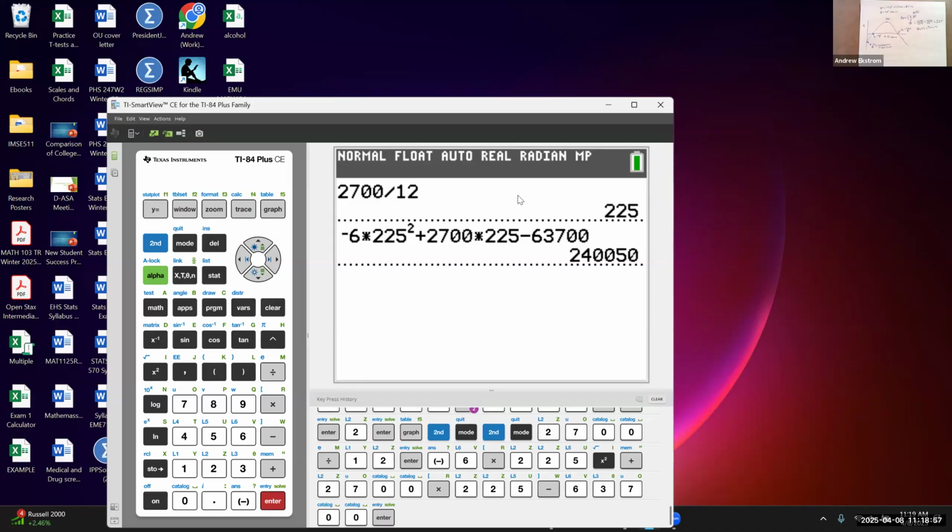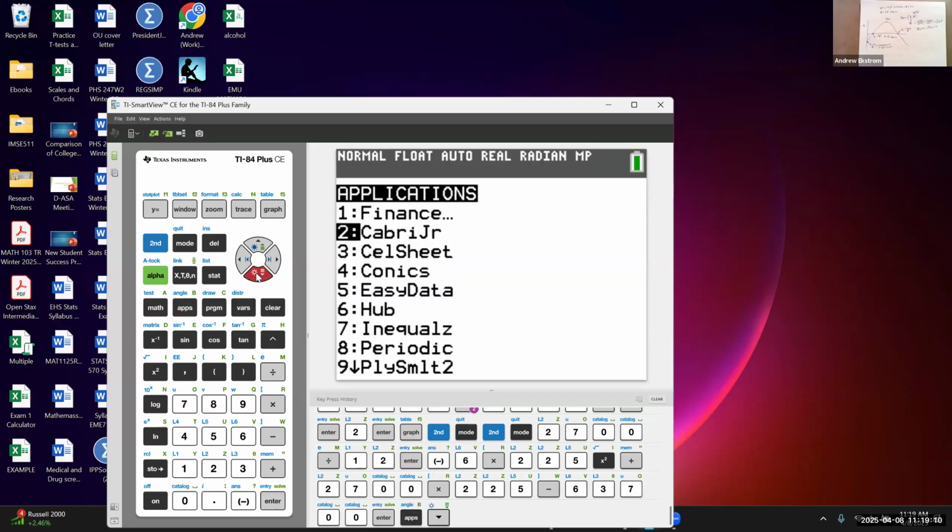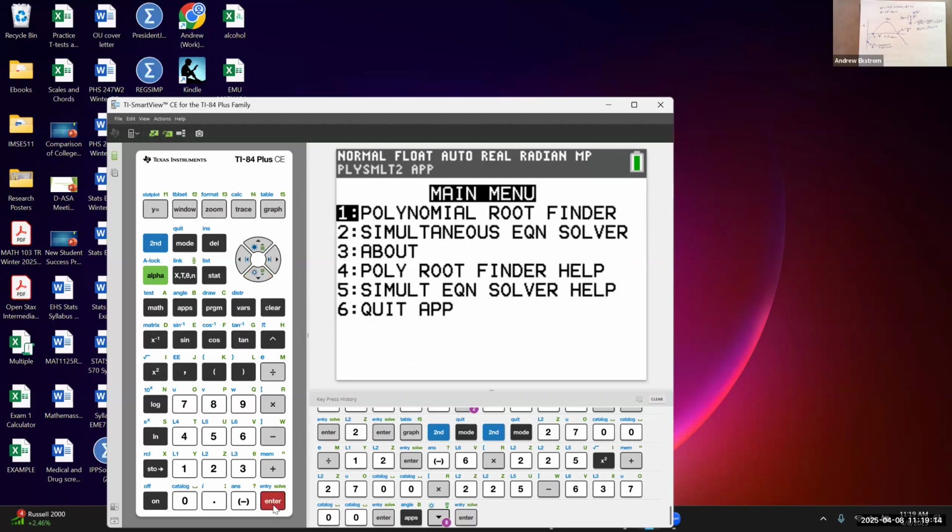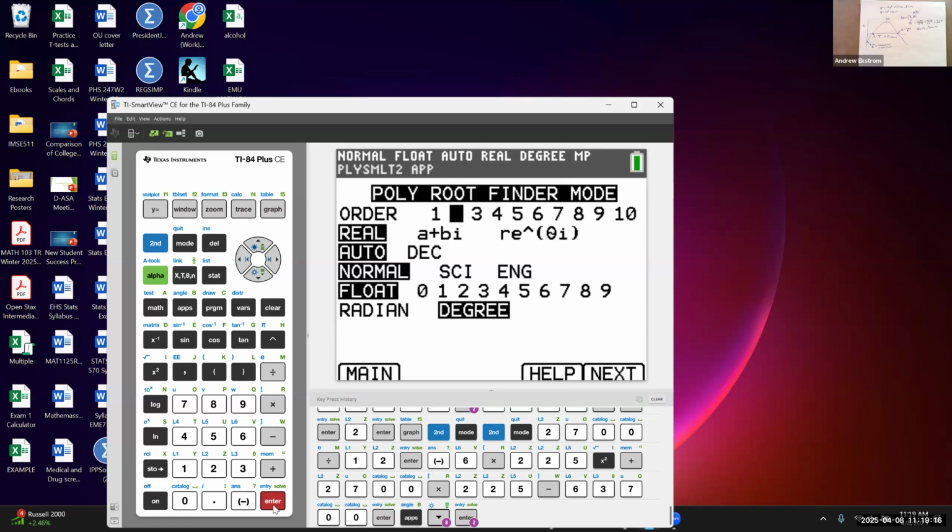The other thing that we need to know is, at least based on that particular equation, where do they start to make money? Where do they stop making money? So again, I can go to the apps, come down to PolySmlt 2. I want the polynomial root finder, second degree.